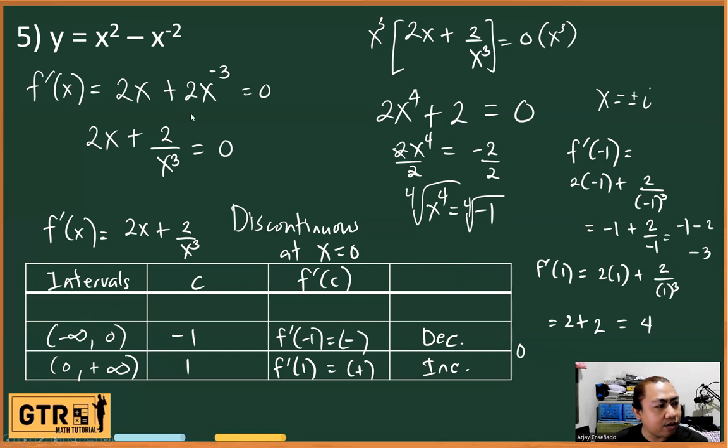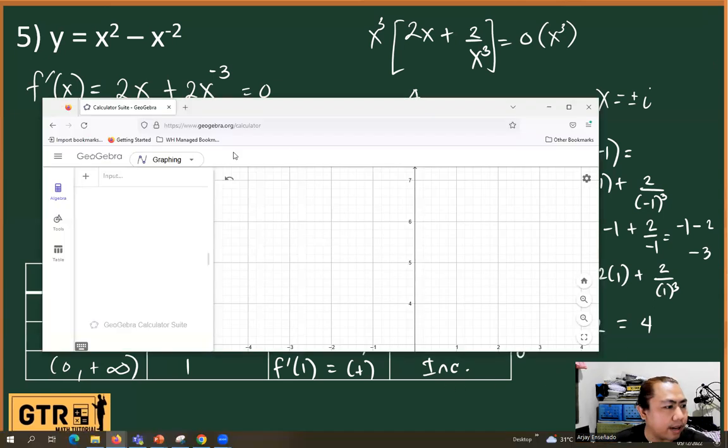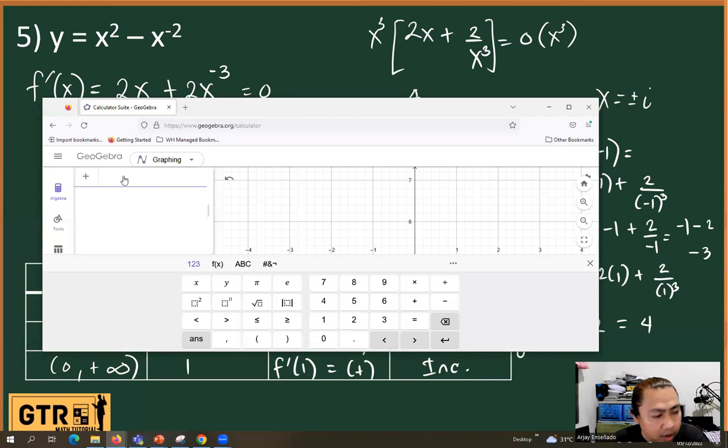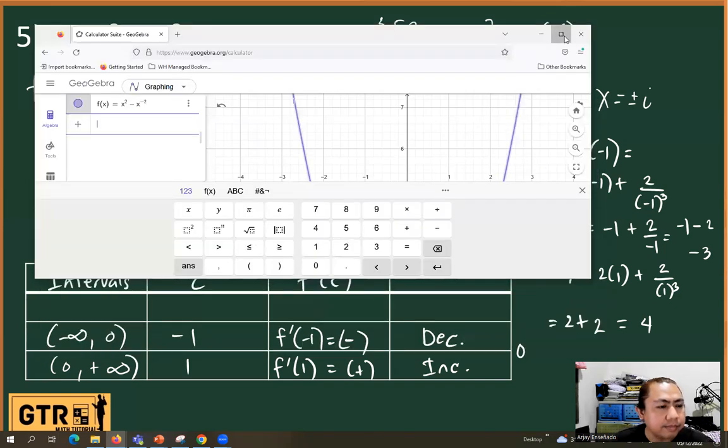So ipakita natin yung graph, x squared minus x to the negative 2. Kung tama, decreasing, tapos increasing, ang boundary natin ay 0. Critical number ay 0. So tingnan natin, decreasing, increasing.